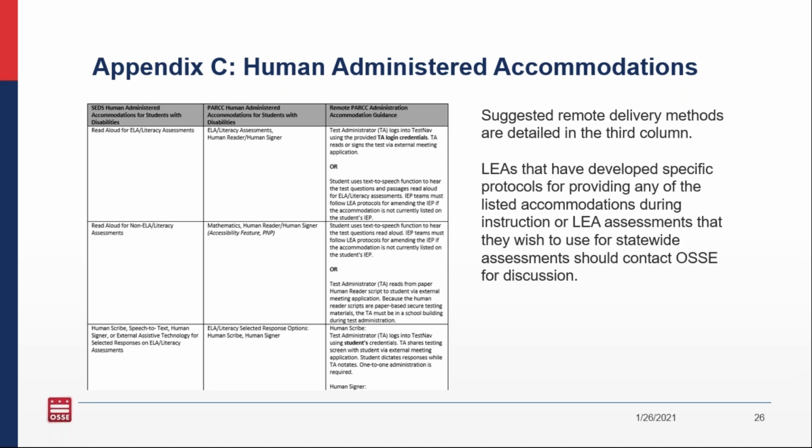Or the student uses the text-to-speech function to hear the test questions and passages read aloud. The IEP team must follow the LEA protocols for amending the IEP if the accommodation is not currently listed on the student's IEP. So these are some options for LEAs to follow this school year.